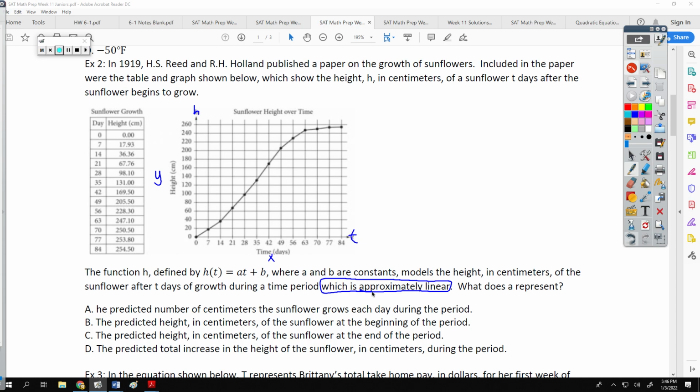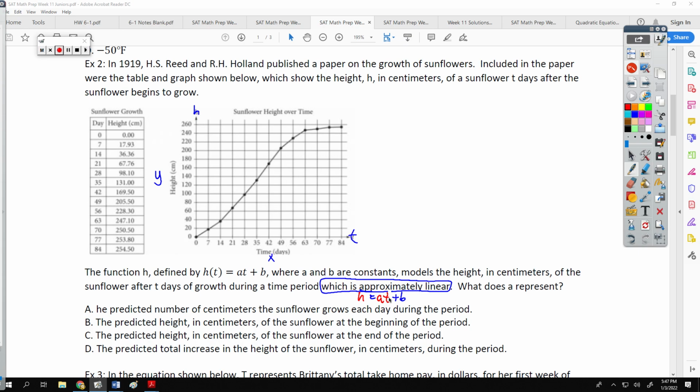Because as soon as you see that, you should be thinking slope-intercept form, y equals mx plus b. But in this case, notice the variables are not the same. It's not y equals mx plus b. It's h equals a t plus b. Okay?